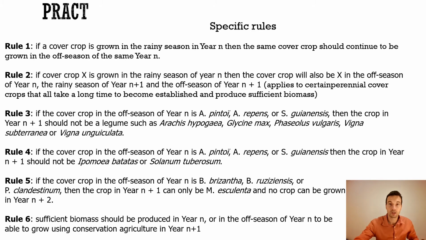PRACT is sufficiently flexible to allow new crops and cover crops to be added, characteristics of the different species to be changed and adjusted, or selection rules to be added, revised or removed.